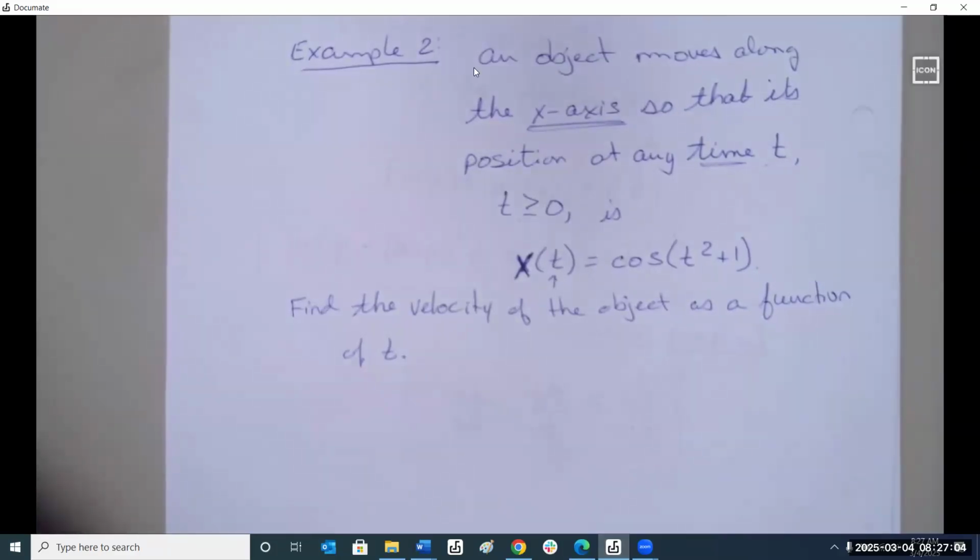You said we have to find the first derivative. Why is the first derivative velocity?